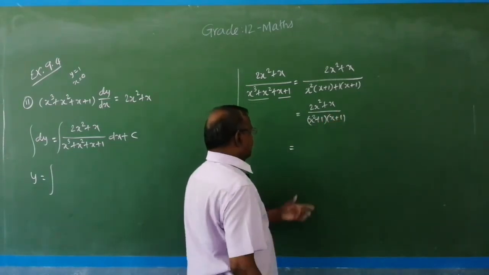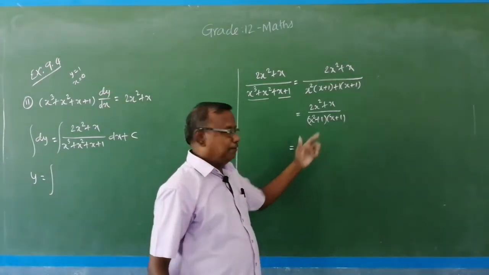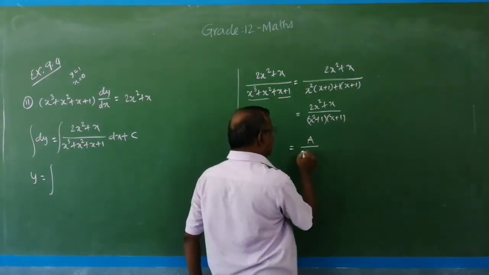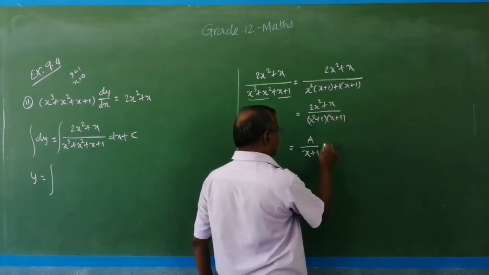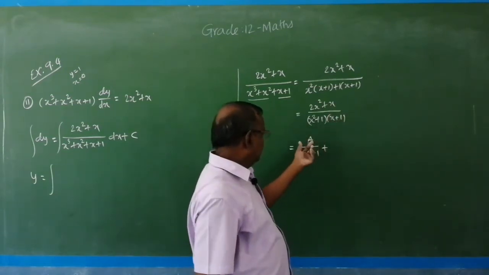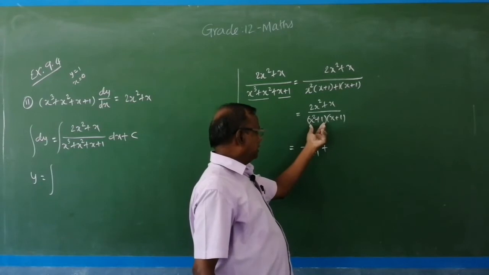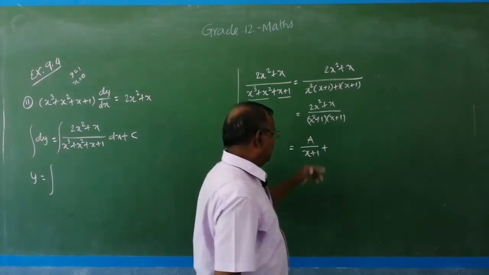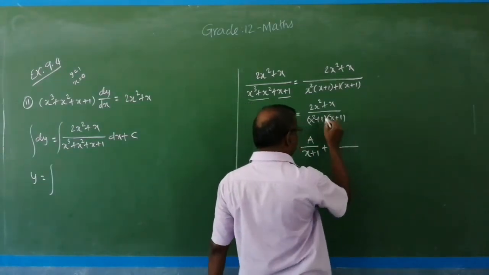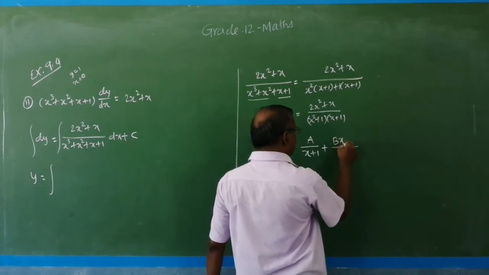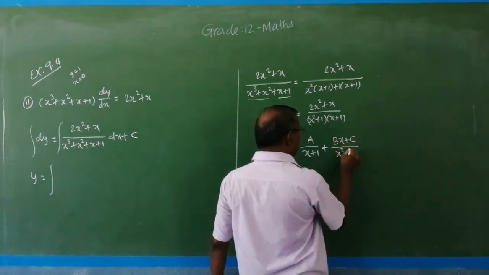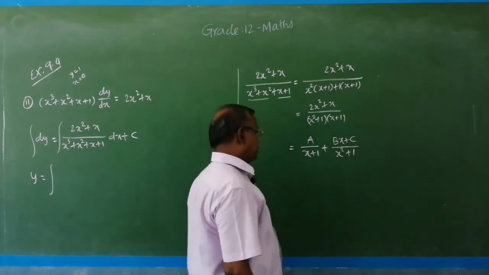Now we can use partial fractions: a by x plus 1 for one fraction, and since it is linear, we put a. The next factor of the denominator, x square plus 1, is quadratic, so we put bx plus c in the numerator for this factor.